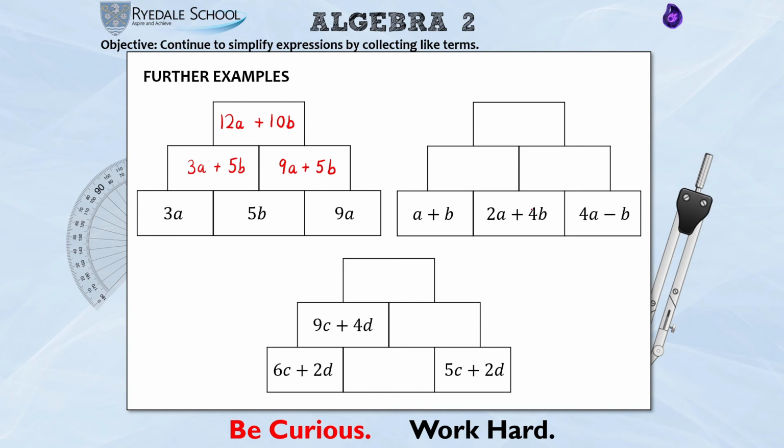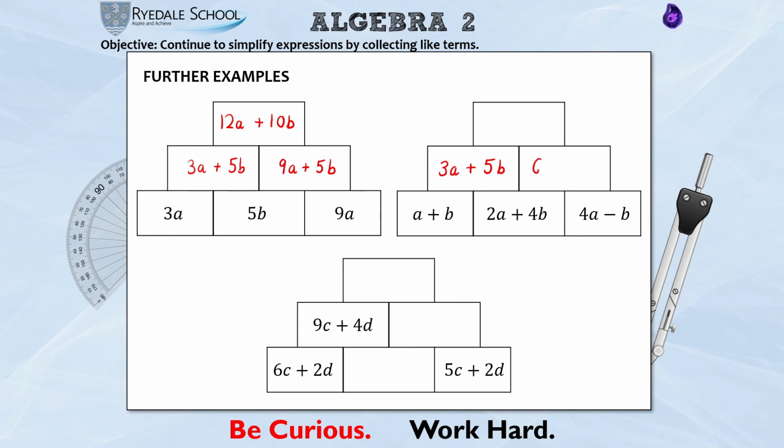In this pyramid, I've got a situation where all my terms are a's and b's. There's going to be a lot of adding to be doing. So if I look at this first block here, I need to add my A's. Well, that's 3A. And I need to add my B's. And that's plus 5B. This block here, I need to add my A's.